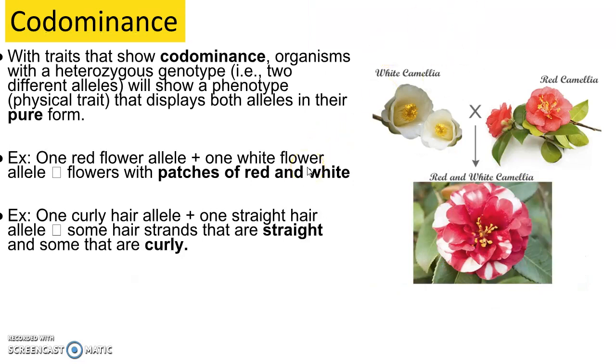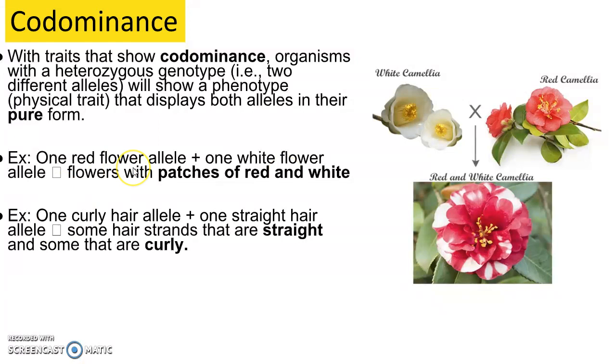Okay. Our next type of trait that does not show complete dominance is codominance. This is when organisms that have a heterozygous genotype, so 2 different alleles, show a phenotype that displays both of those alleles in their pure form. So they both show up independently and equally in the phenotype.